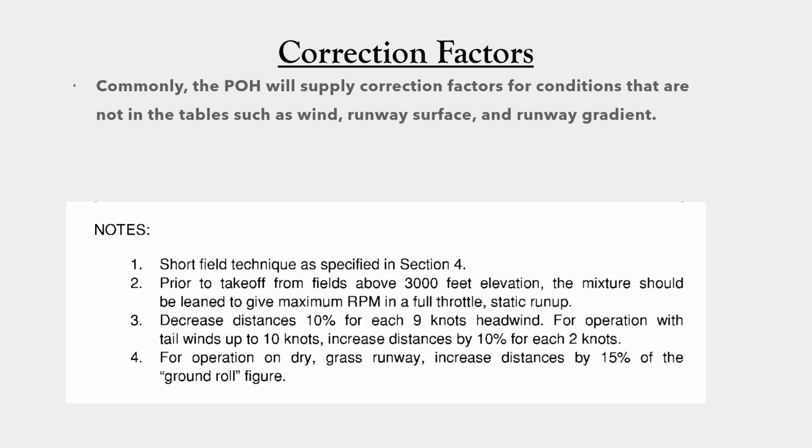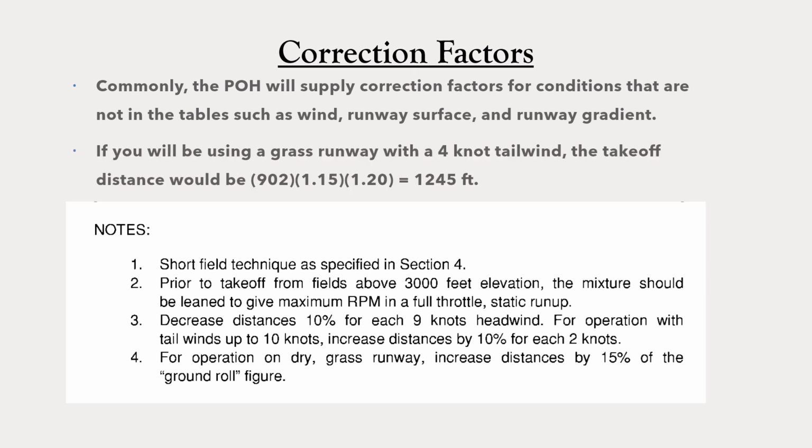Notice that tailwind increases it a lot more severely than headwind helps it. If the runway surface is something other than paved, for example a dry grass runway, then we need to increase the takeoff distance by 15%.